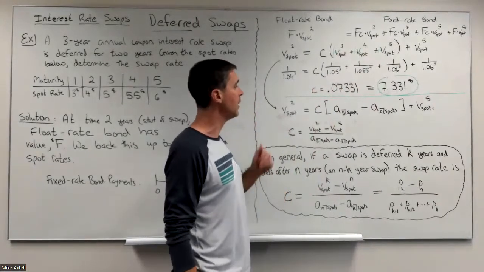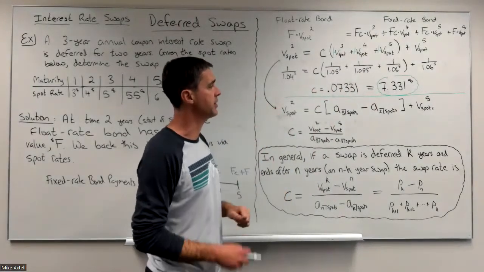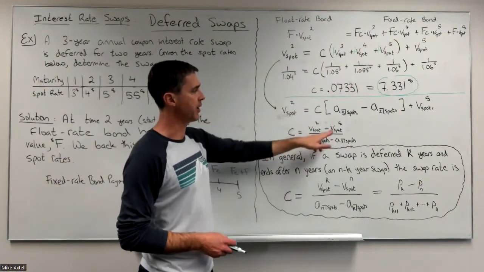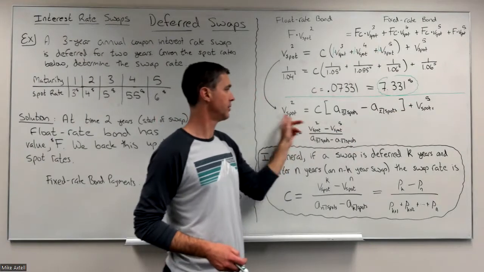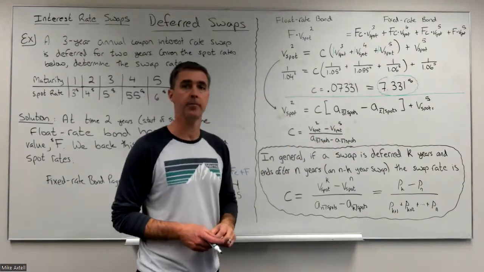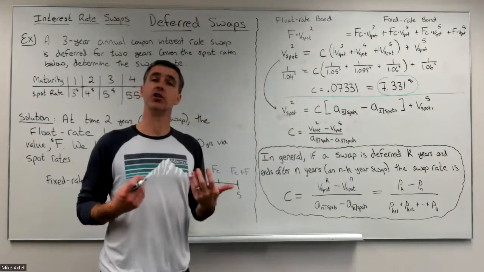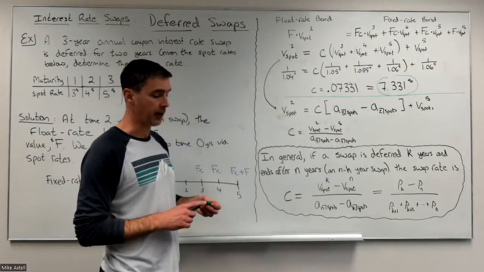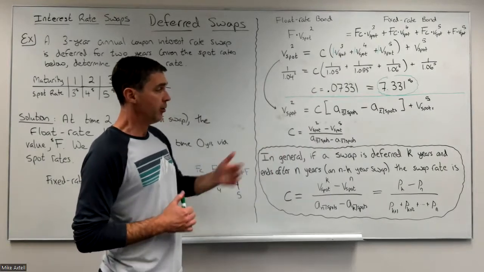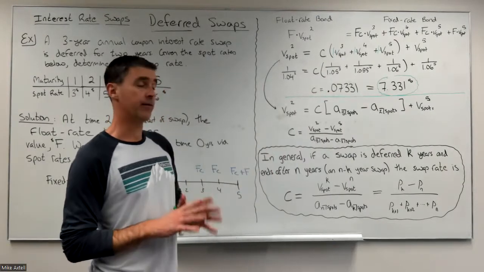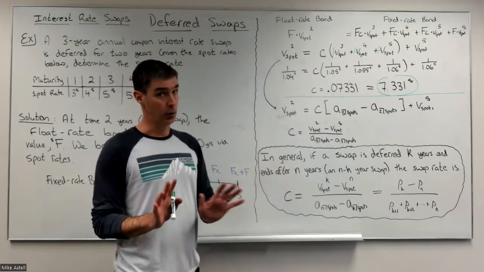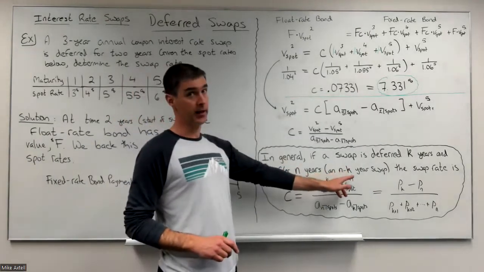However, I get to this line of the statement, and then I can simply solve for C with some algebra. Subtract V spot 5 to the left, and then divide by the material in square brackets. So this suggests a general formula we can use to figure out the swap rate for a deferred interest rate swap. If I have a swap that's being deferred for K years and ends after N years, which means it's an N minus K year swap.